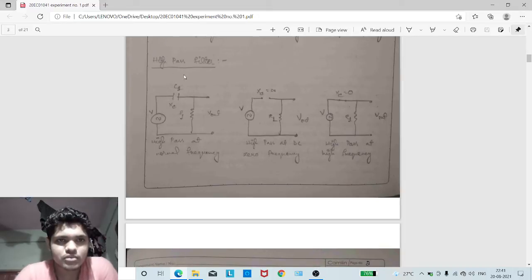And we have the high pass filter diagram also, where the capacitor is in series with the load, and the resistor is parallel to the load. The first diagram is for the high pass filter at a normal frequency, this is for zero frequency, and this is for high frequency.